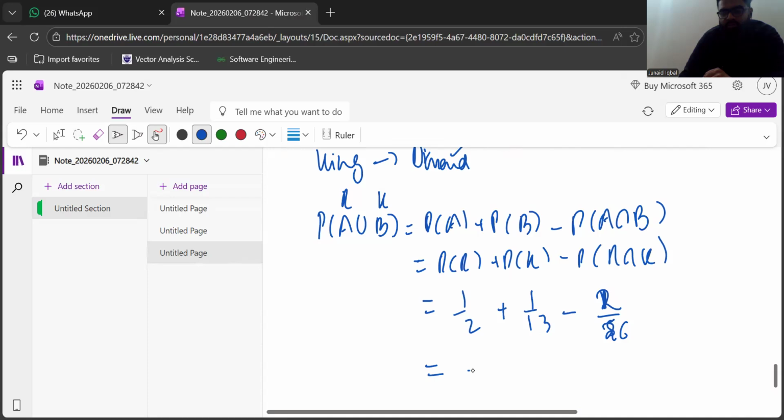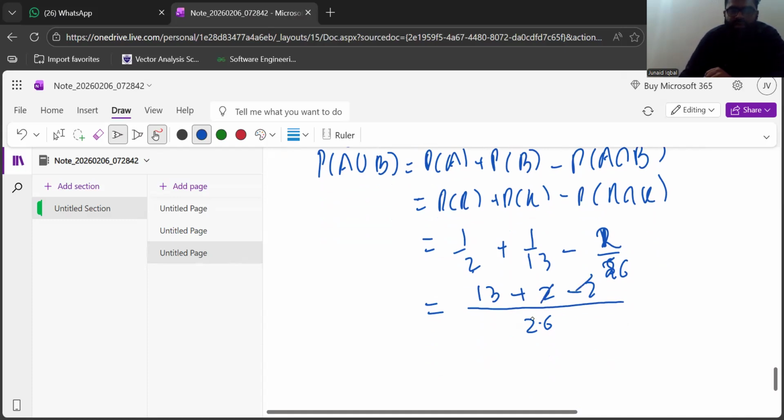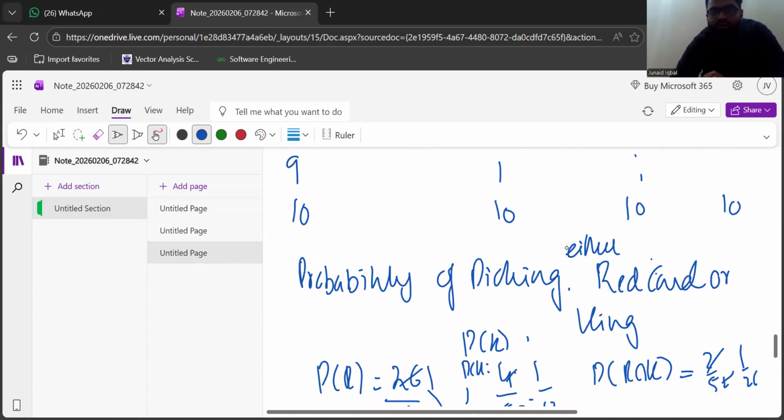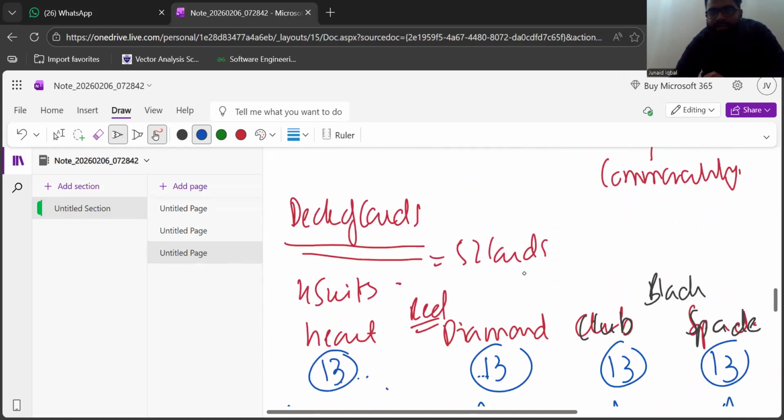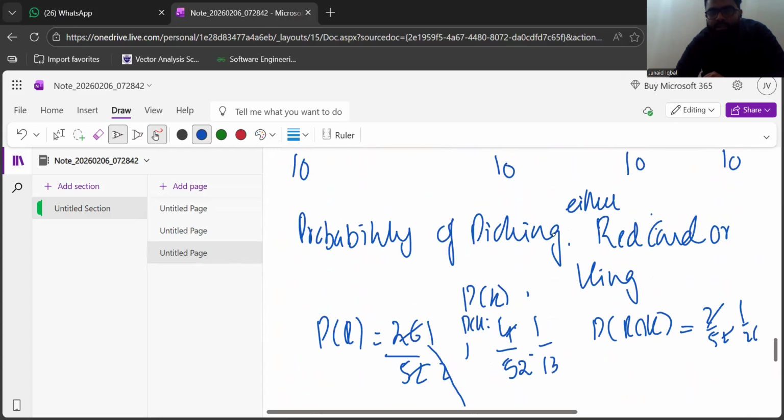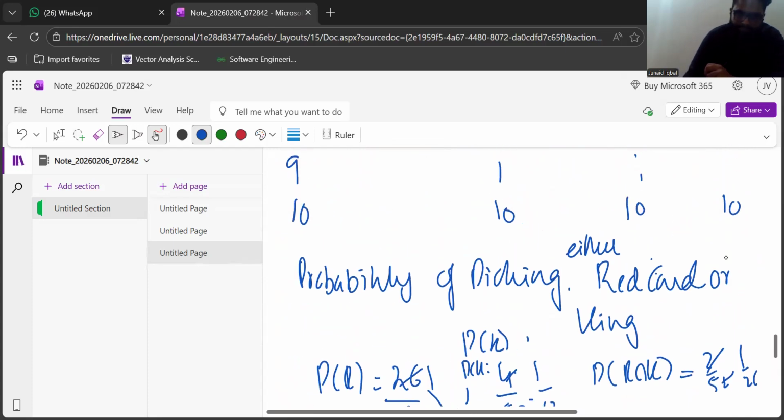If I take the LCM of all of them, that will be 26. So 13 plus 2 minus 1 over 26, the 2 and 2 cancel out, and 13 upon 26 means 1 upon 2. So 1 upon 2 is the probability of picking a red card or a king.